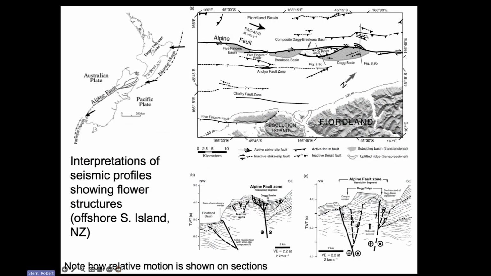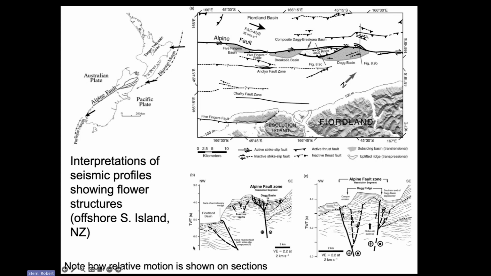Okay, this is the kind of structure we have down here. We're down in the south end. It's called Fjordland because there's lots of glaciers. And then we've got some nice seismic reflection profiles. Here we're not looking at depth, we're looking at two-way travel time, and you can calculate what that is in meters if you wanted to. We're not going to do that here.